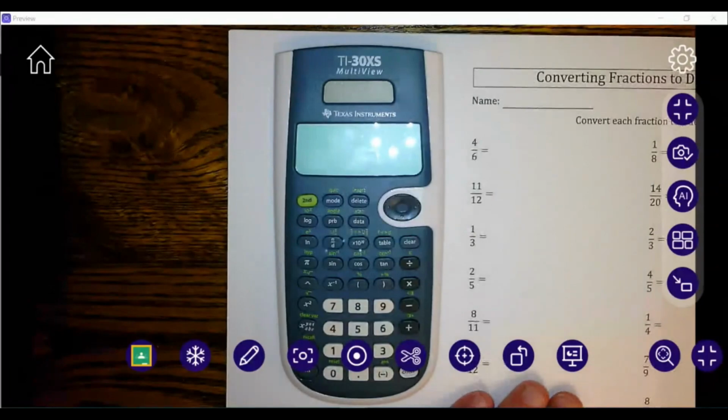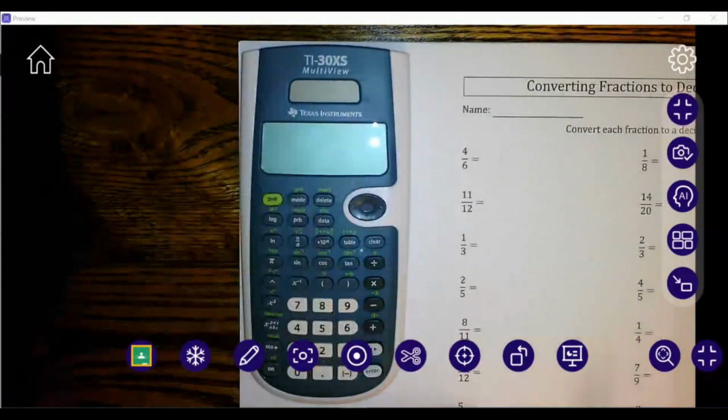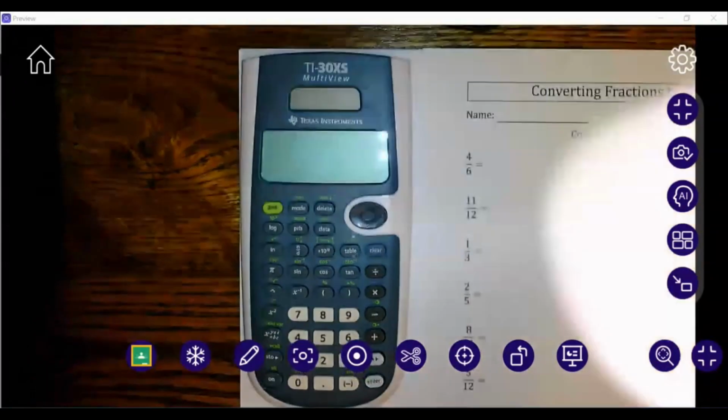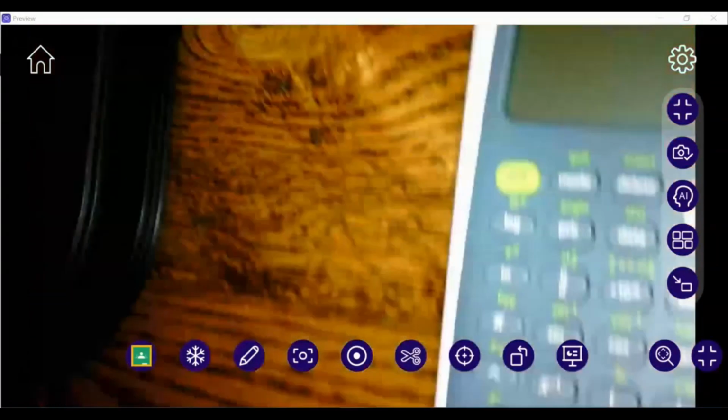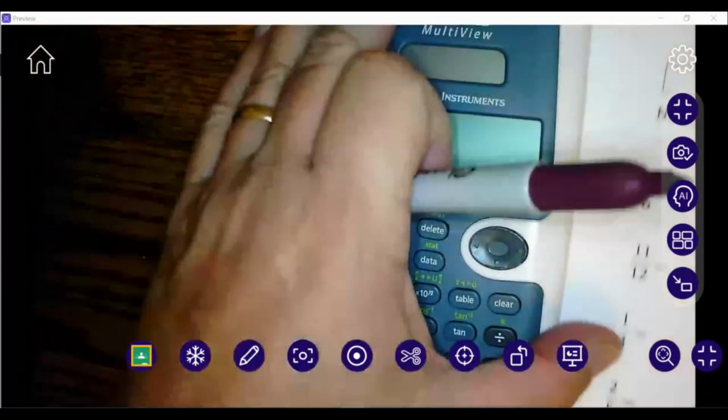Okay. So I'm going to be using the calculator and show you what you would need to do.